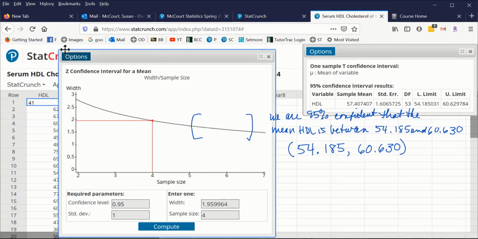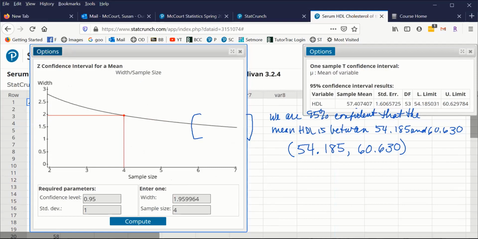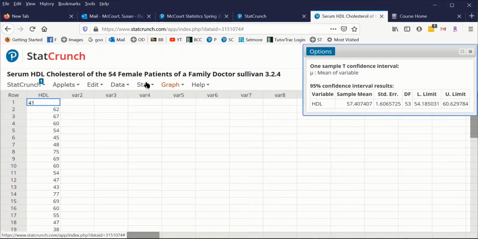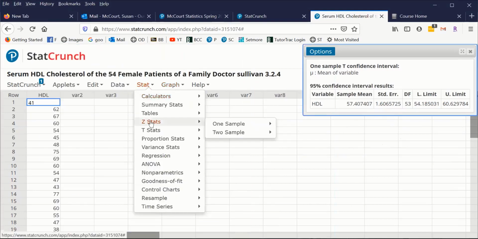All right, I'm going to have to get rid of all the writing. Sorry about that. I can't see. I'm going to do it again so you can watch me. So it's stat, Z-stat, one sample, with sample size.